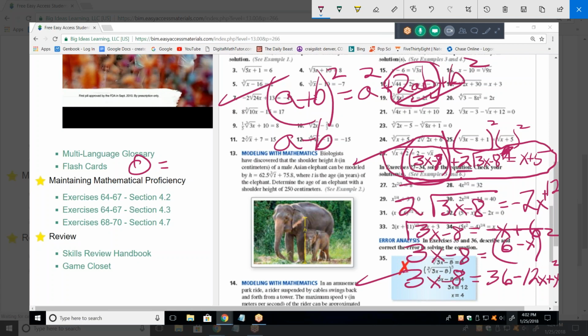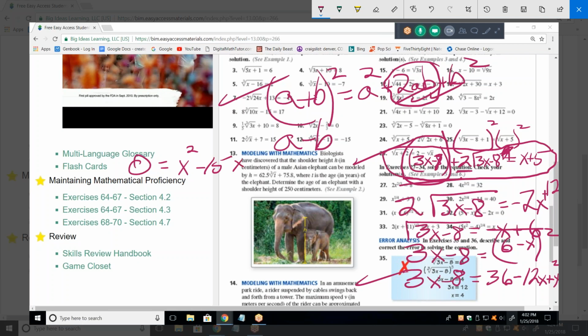Okay. So let's put it in proper x polynomial order. So 0 equals x squared minus 15x plus.